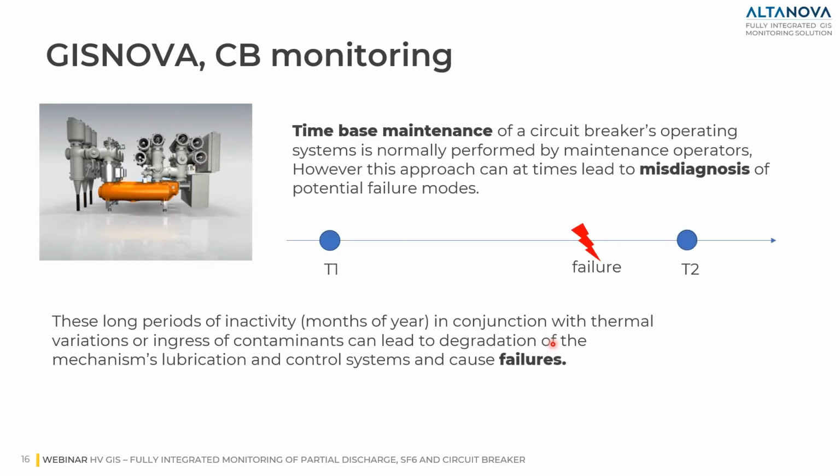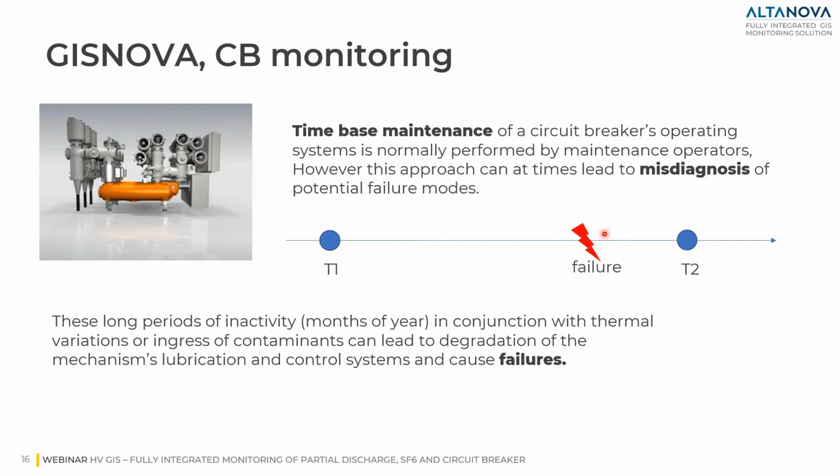Normally, the maintenance of the circuit breakers is performed at regular time intervals. As reported here, at time 1 and time 2, we can perform some offline tests. But in between, we cannot exclude issues or failures.